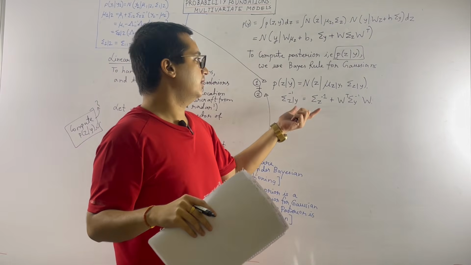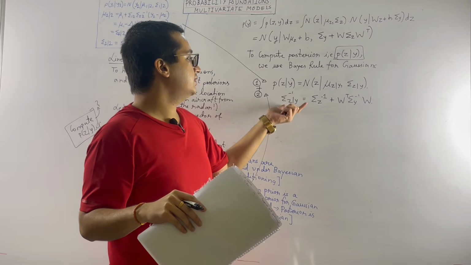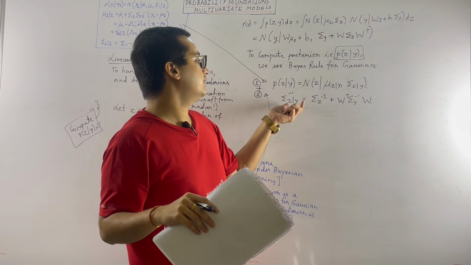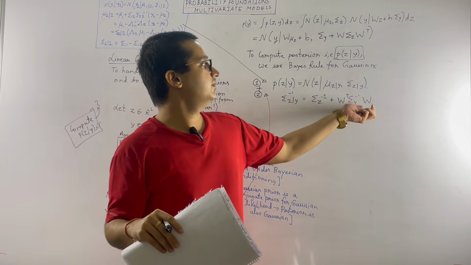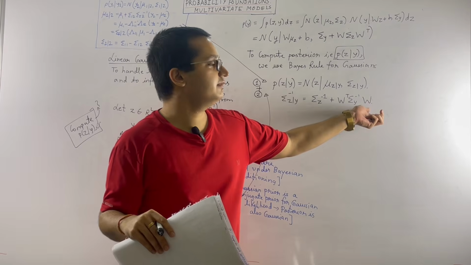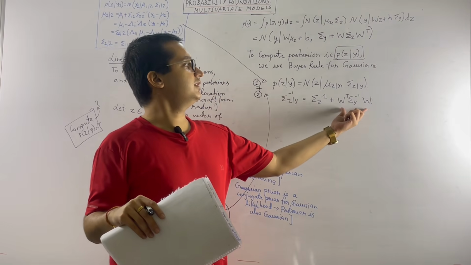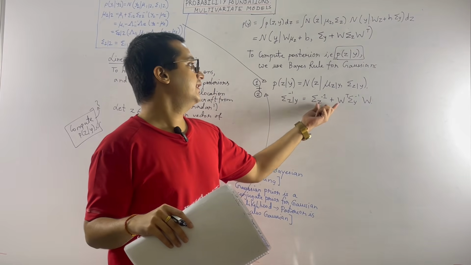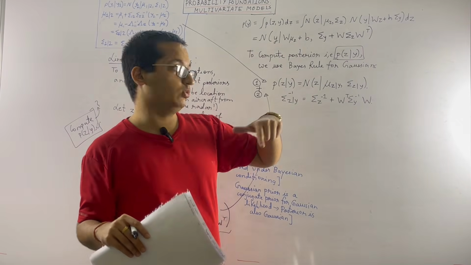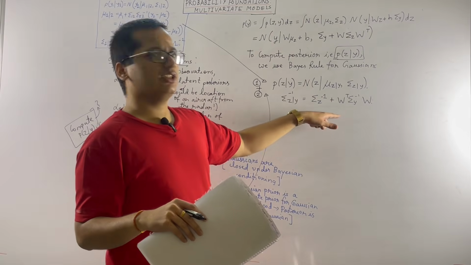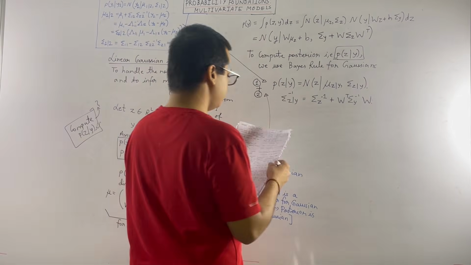Okay, just don't mug it up. This posterior conditional variance, or this is the precision, is the prior precision plus some w transpose sigma y inverse w. So if I take some special w's, then I can show that it is prior precision plus n times the measurement precision, which we will come to. But try to see the structure, don't memorize it.